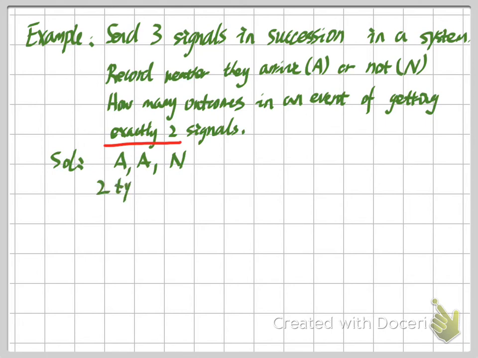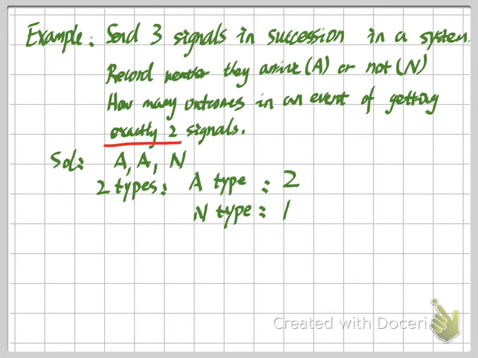The first type, we can say, is A. How many objects do we have for this? Here this is 2, because we want 2 signals to arrive. And then we also have another type, N. How many objects will we have in this type? For this one, we have 1, because we want 1 signal not to arrive.